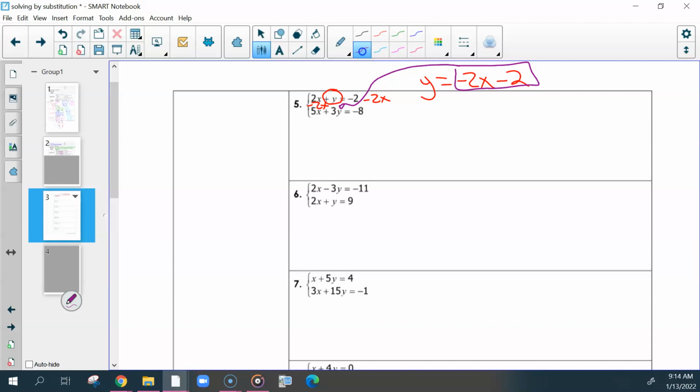Right, so this would be rewritten as 5x plus 3 times (-2x minus 2) equals -8. After we rewrite this, we can start solving. 5x minus 6x minus 6 equals -8.